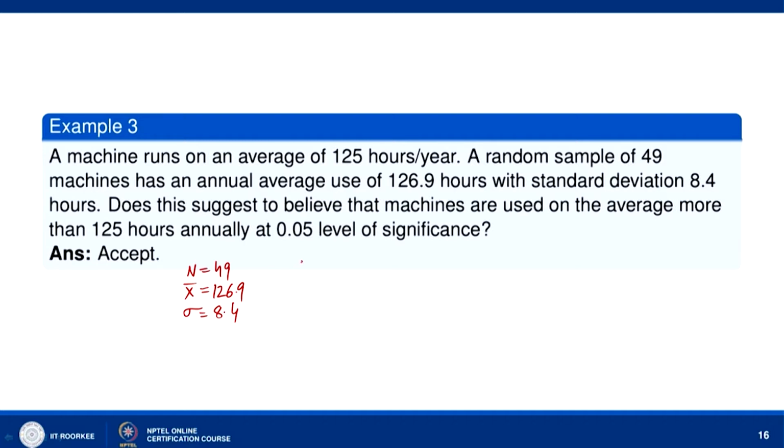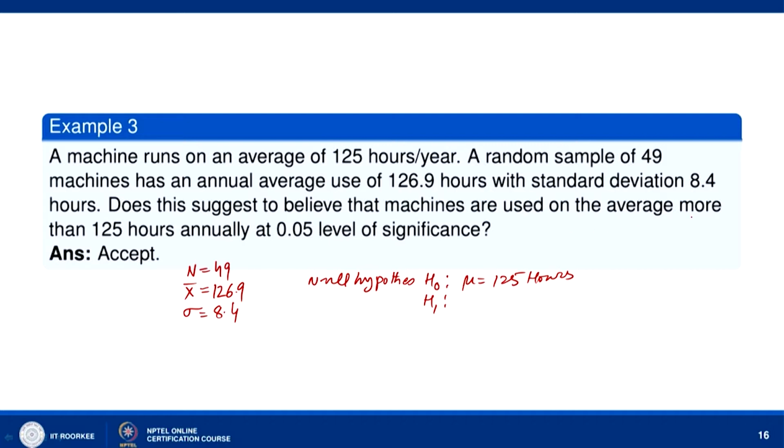So, the null hypothesis H naught is mu equal to 125 hours. Mu naught is 125 hours. H1, the alternative hypothesis, is that mu is more than 125 hours.